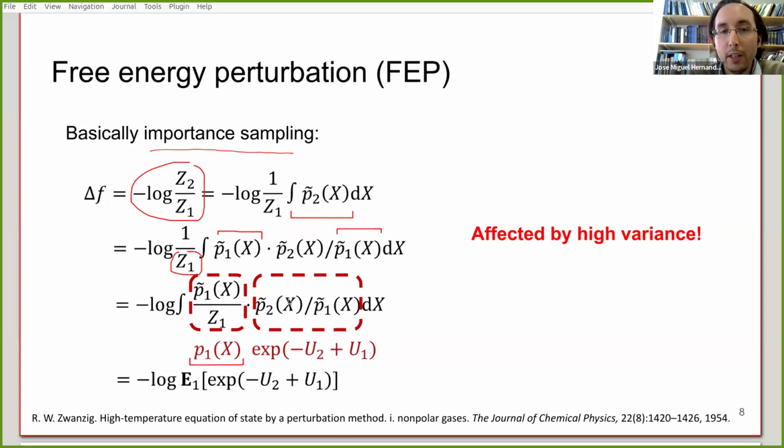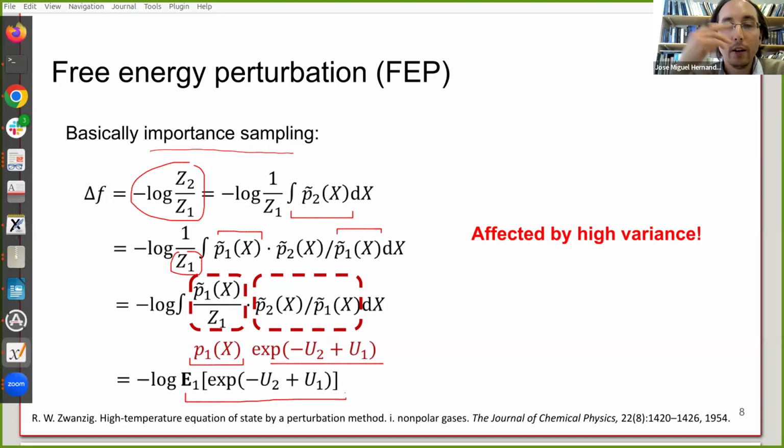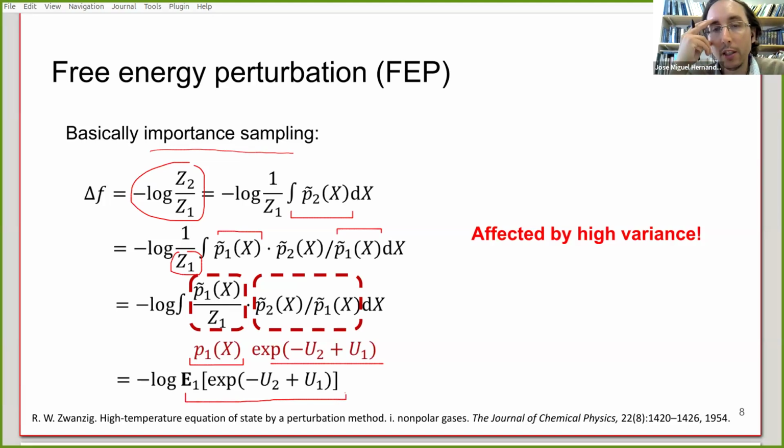And then later on, you have this ratio between the unnormalized distributions P2 tilde and P1 tilde, and that's just the exponential of these differences between the energies, the energy of the first distribution and the energy of the second. And this integral with respect to the first is an expectation of the exponential of the differences in energies.